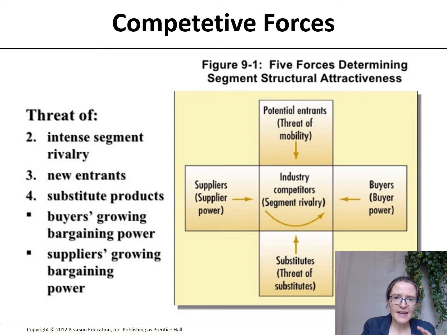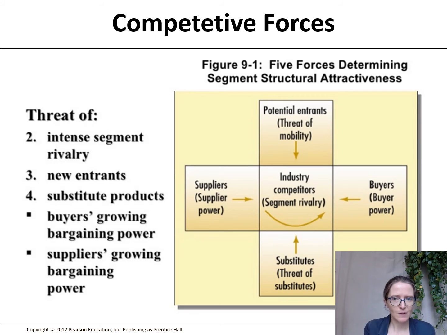So what we can see here is, of course, we've got to talk about competition. And there is always a threat, isn't there, when you've got your strategy and you need to be aware of what your competition is doing. There's always going to be forces that are going to determine what's going to happen and how attractive the particular segment is that you're working in. So we've got industry competitors, that's what we call segment rivalry. We've got buyers and buying power, suppliers and supplier power.